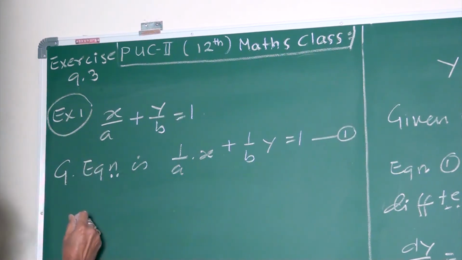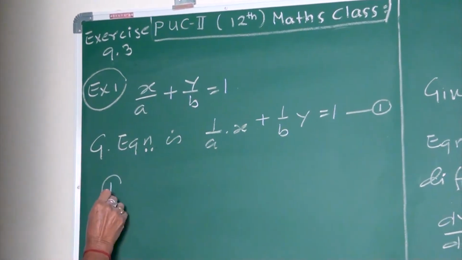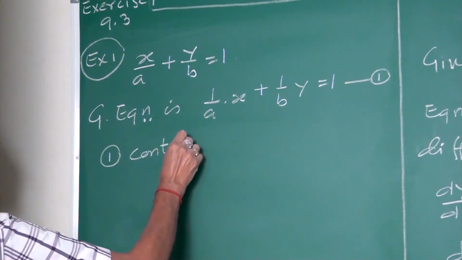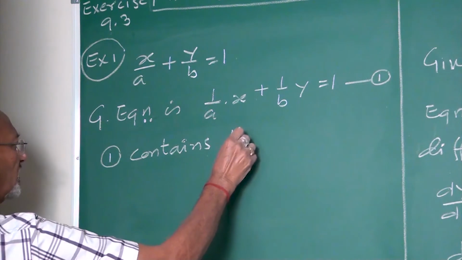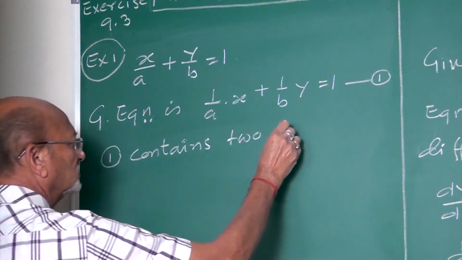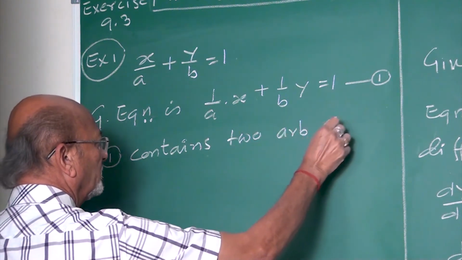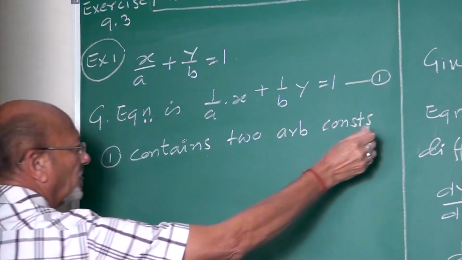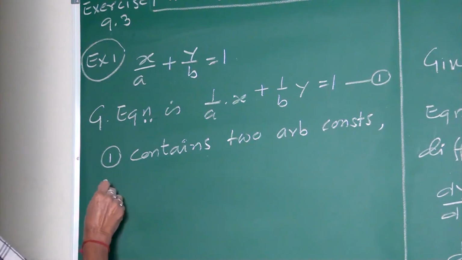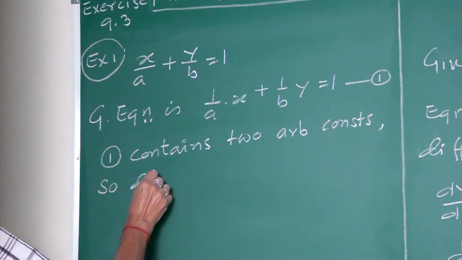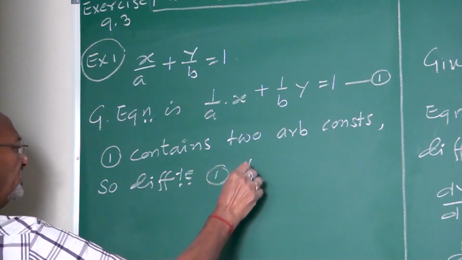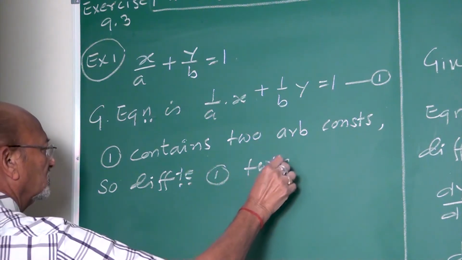Same thing, 1 contains how many arbitrary constants? 1 contains 2 arbitrary constants. So, differentiate 1 twice with respect to x.